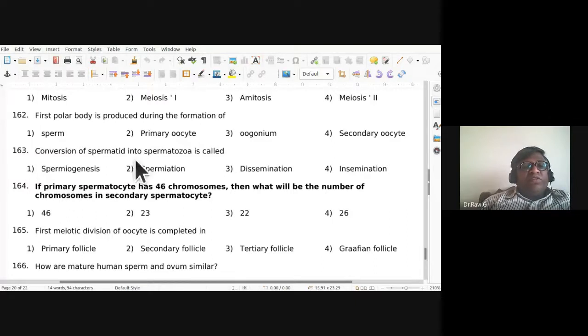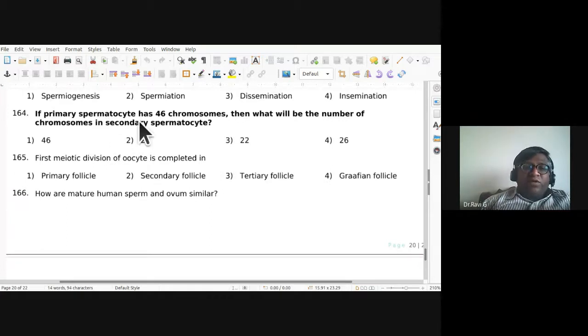So 162nd, it is secondary oocyte. The conversion of spermatid into spermatozoa, what do we call it? We call it spermiogenesis. So 163rd, it is spermiogenesis. In the spermatogenesis process we come across this. So conversion of spermatid into spermatozoa is called spermiogenesis. First one is the answer.